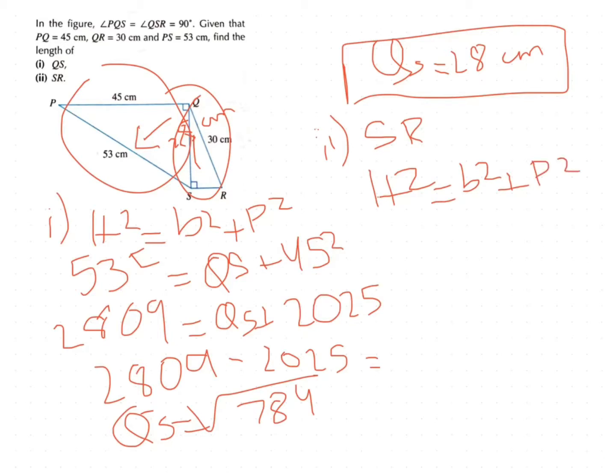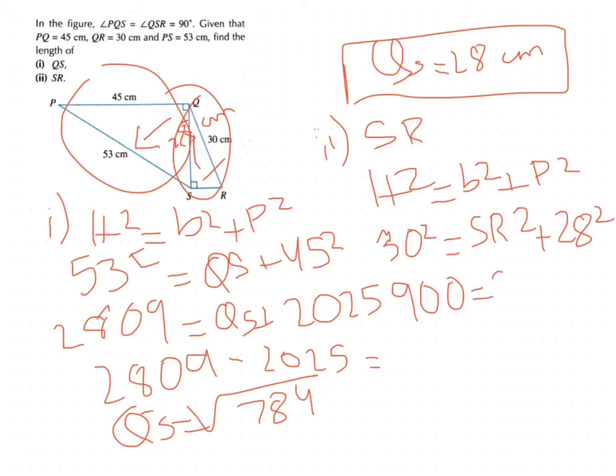The hypotenuse of this is 30, so 30 square, which is 900, equals SR square, that's unknown, plus 28 square, that's 784.